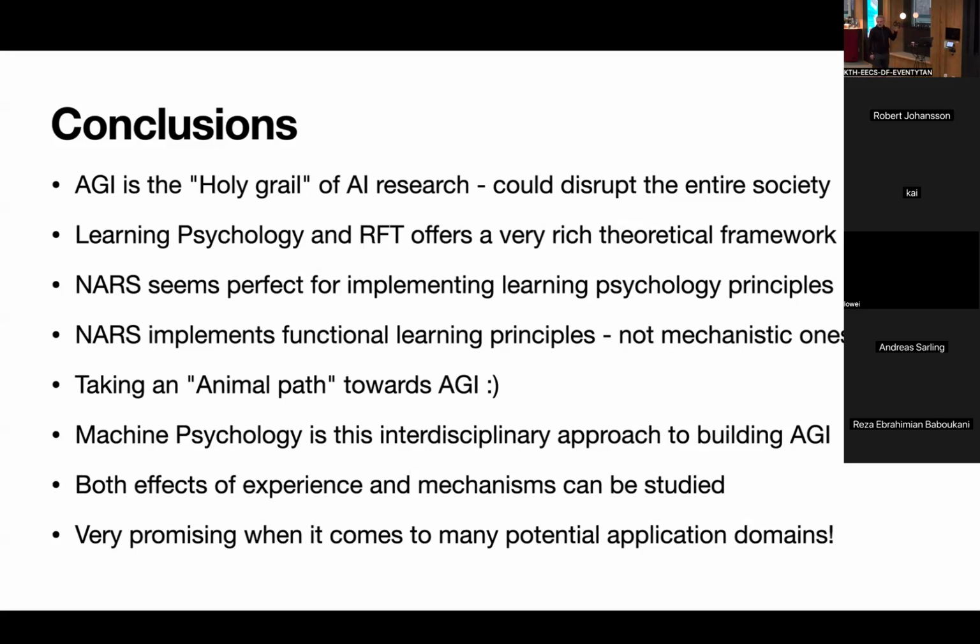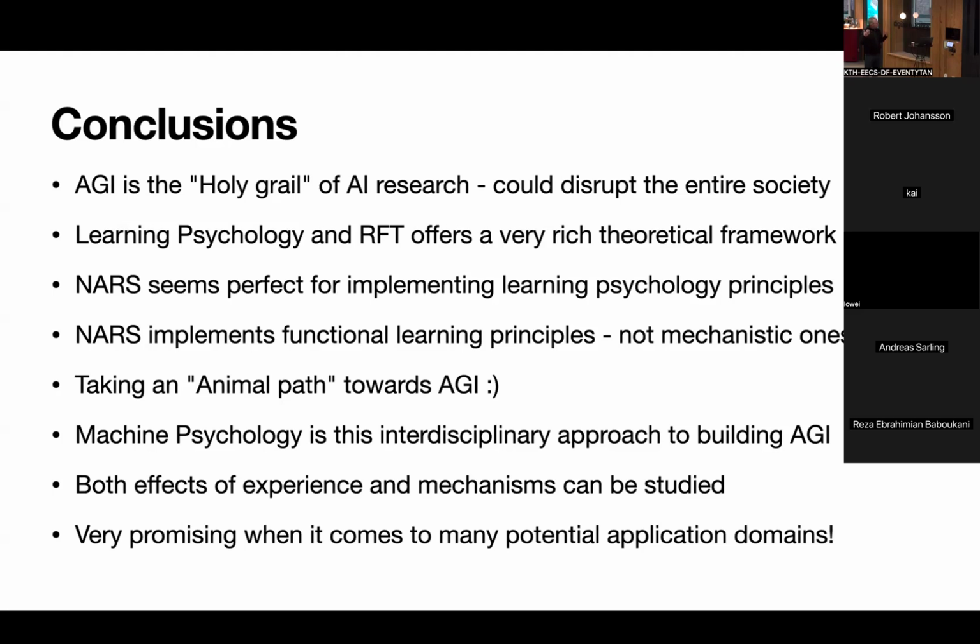Learning psychology and RFT, I would say, offers an extremely rich theoretical framework that gives a very nice perspective on general intelligence. NARS seems perfect for implementing the principles from relational frame theory and learning psychology.